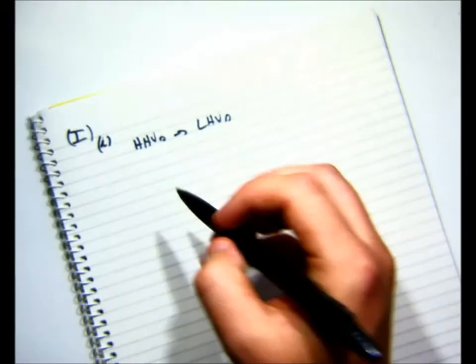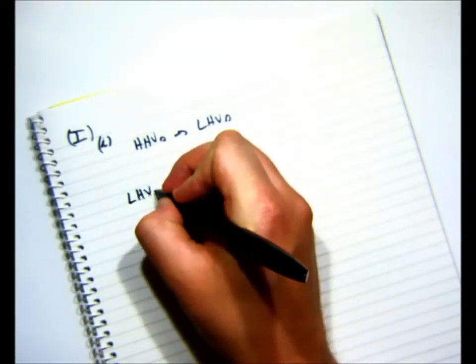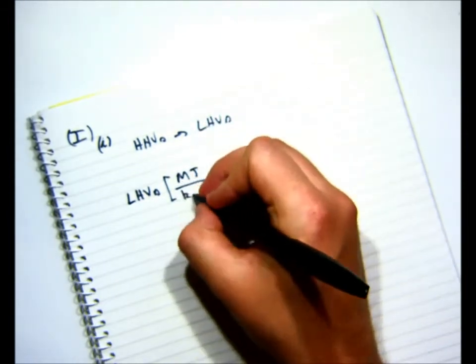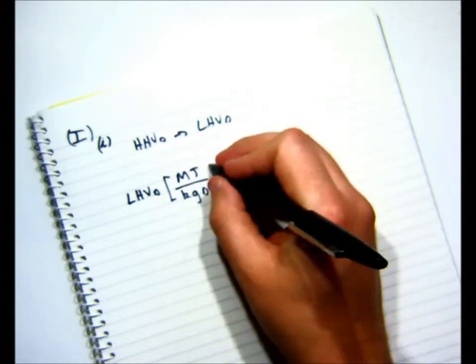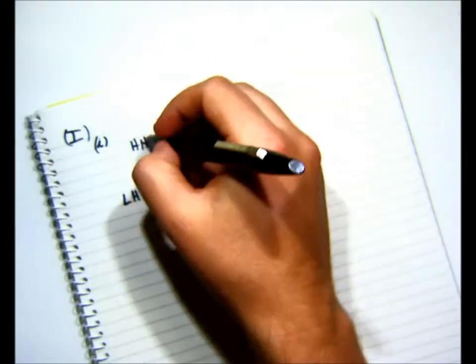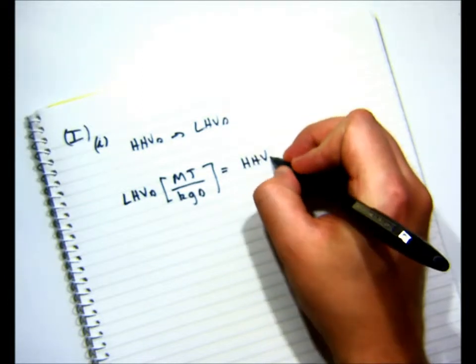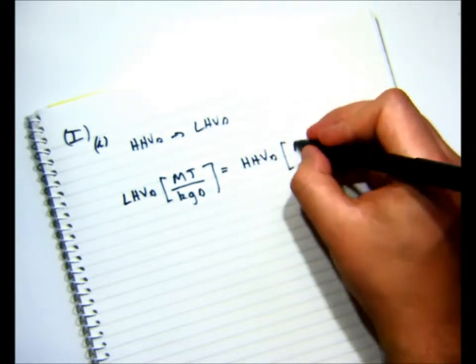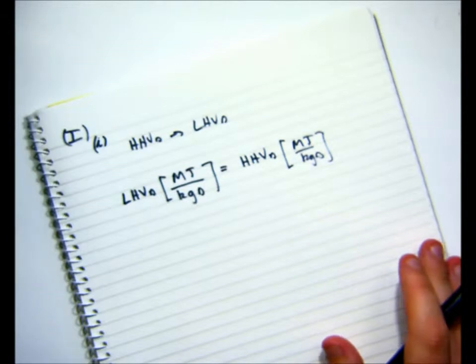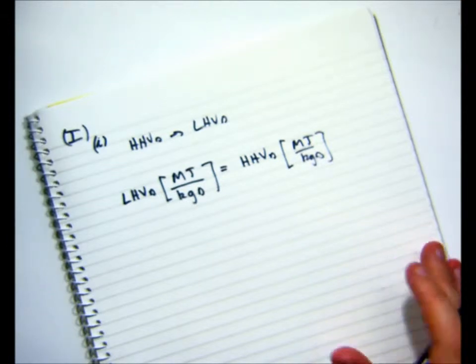The way I like to approach this sort of problem, which should be solved by dimensional reasoning, that is, looking at the units, is to start with the term that I'm looking for, which here is LHV dry, and write it out with its units, which here will be megajoules per kilogram dry. And then the term that we have to start with that we need to manipulate, HHV dry, and write its units out. And then think about how this equation needs to be modified to make both intuitive and dimensional sense.